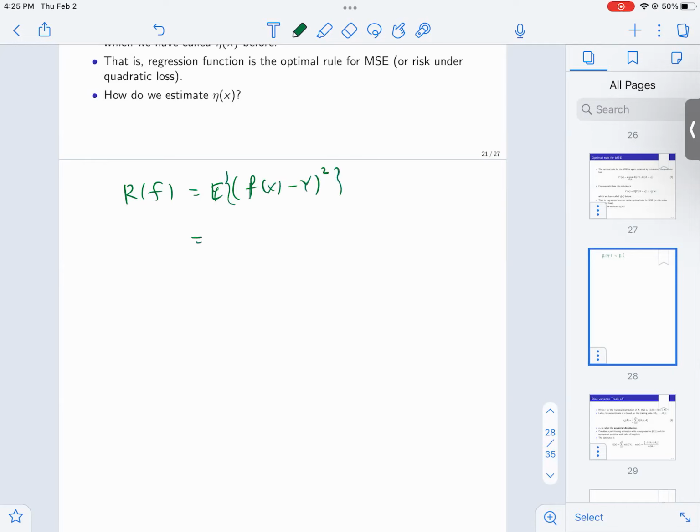You can write this as the expectation of f of x minus y, conditional on x, that's inside, and then an expectation outside, so this squared. Has anyone seen something like this?